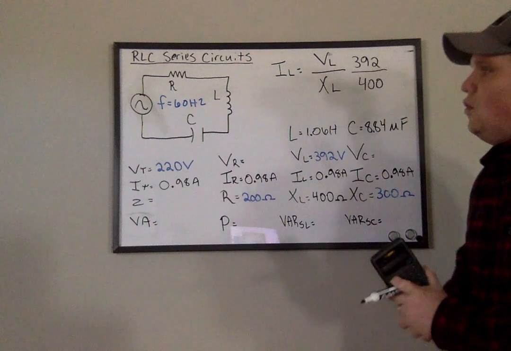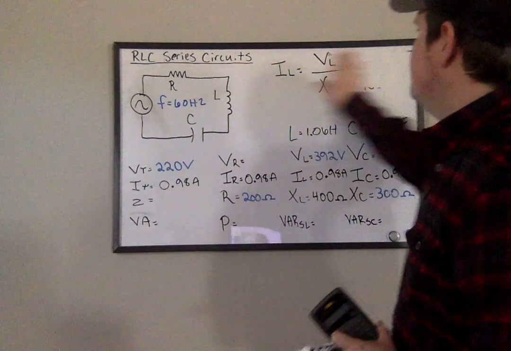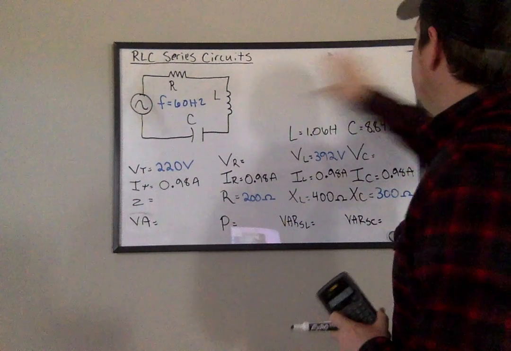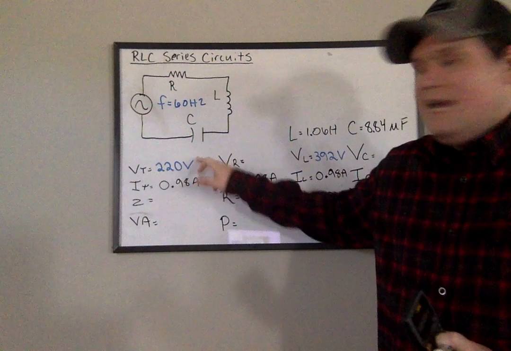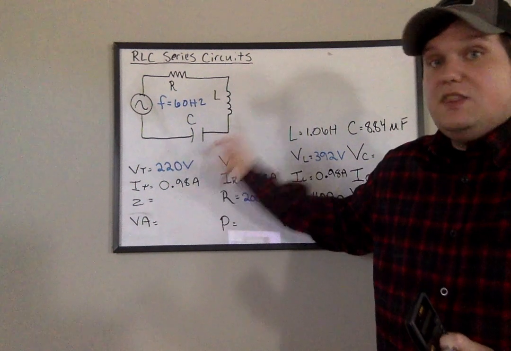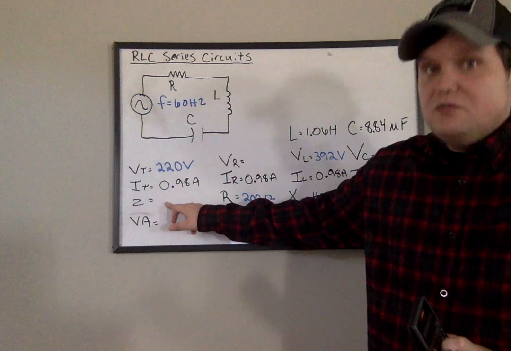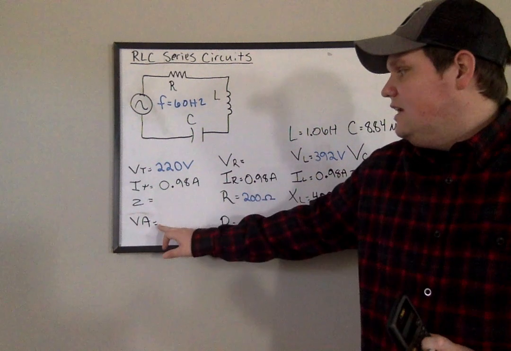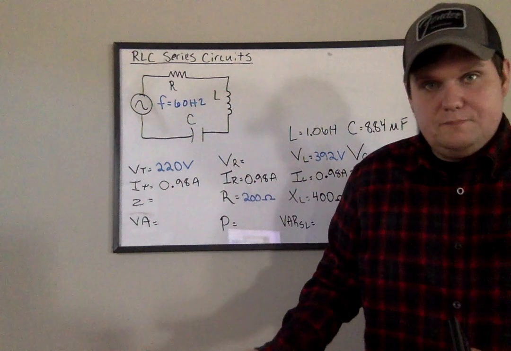All right, so let's start in our totals column. Let's look at what we have in the totals column. I have voltage and I have amps. So that means that I can find Z, which is impedance, which is an ohm value, and I can also find VA, which is the apparent power.